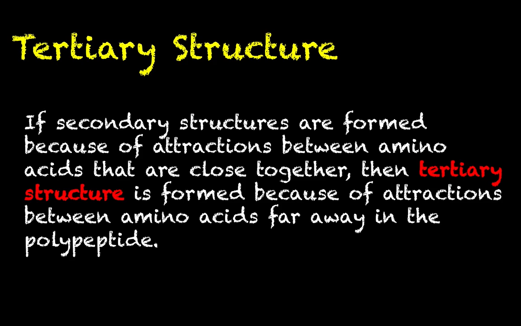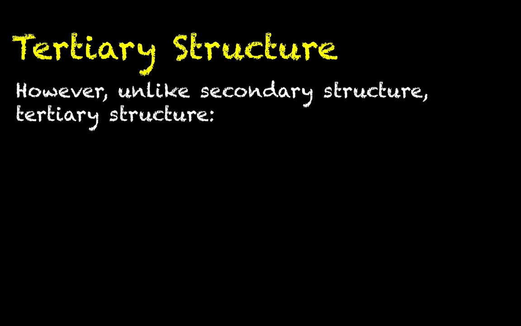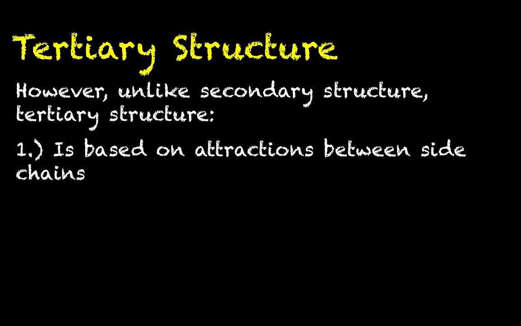So moving on to tertiary structure now, if secondary structures are formed because of the attractions between amino acids that are close together, then tertiary structure is formed because of attractions that occur between amino acids that are actually very far positioned away from each other in the polypeptide. However, there are a couple of important distinctions we need to make here to separate tertiary structure from secondary structure.